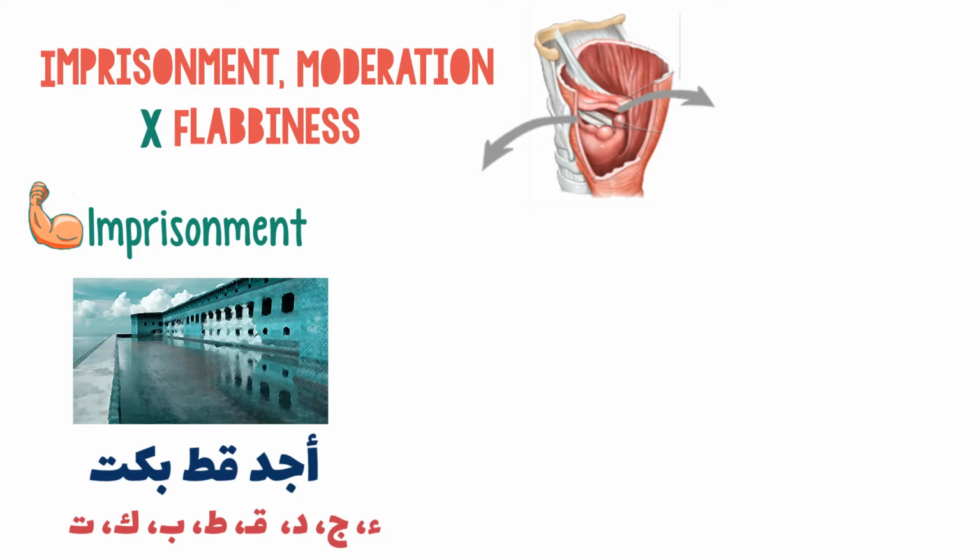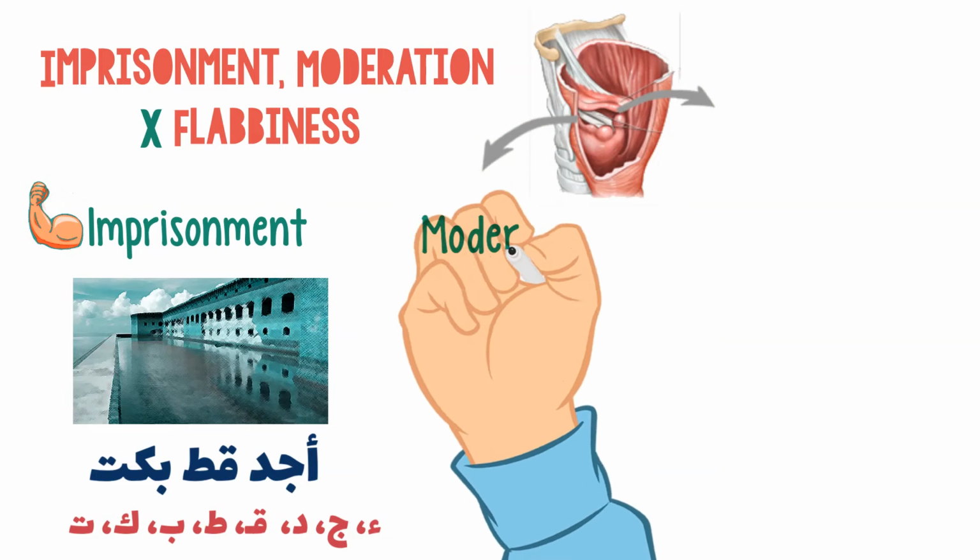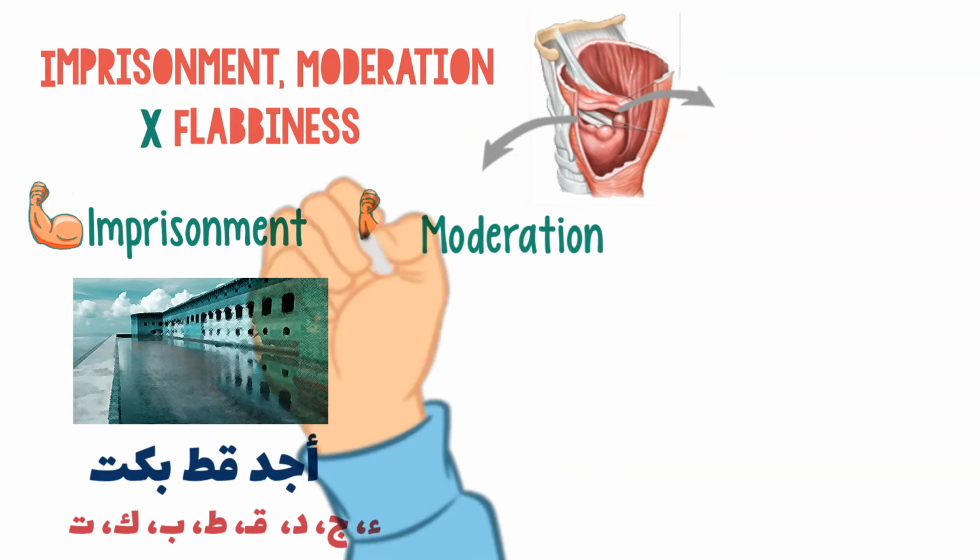So the imprisonment or ashidda, its letters are أجد قط بكت: hamza, jim, dal, qaf, ta, ba, kaf and ta. And if the letter was a qalqala letter, the extra job you have to do to complete pronouncing the letter is qalqala. While if the letter was whisper or hams, the extra job is the whisper or hams itself. The hamza doesn't have any other job to complete its sound.